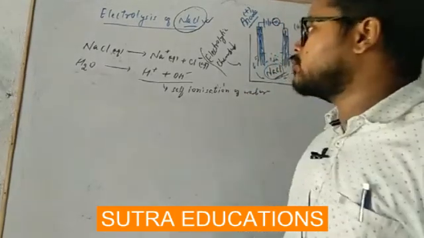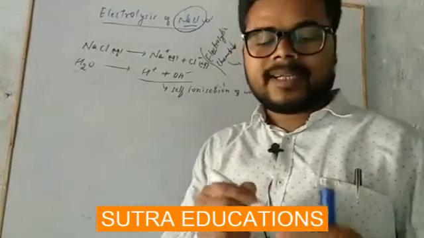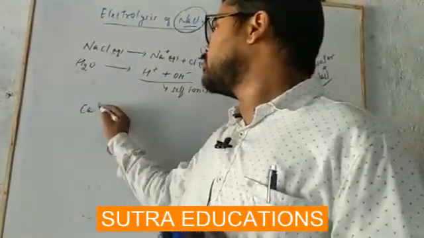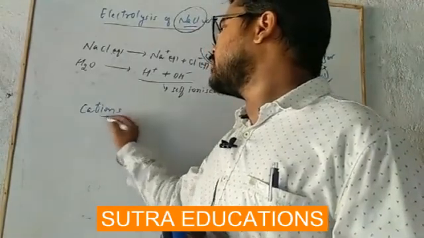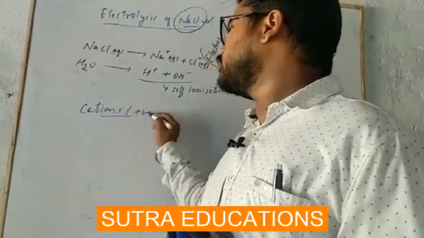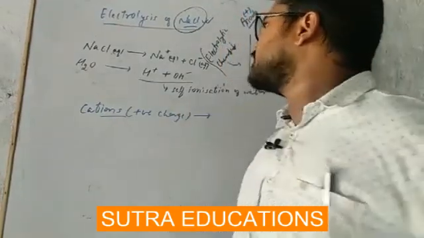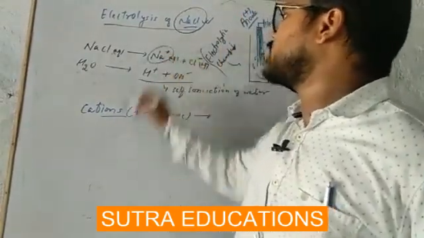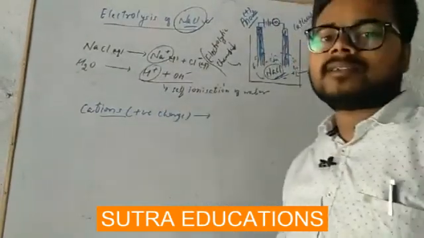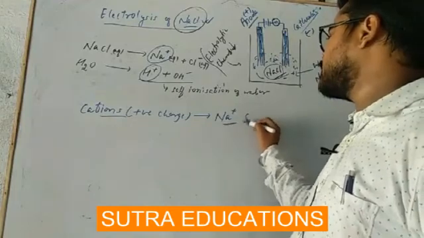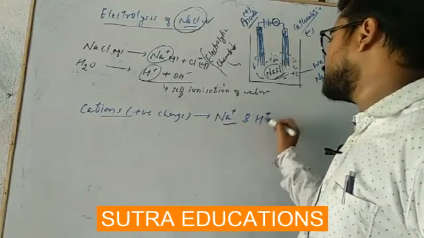So we have cations and anions. What are cations? Cations, I have told you, have positive charge. So cations here are Na plus and H plus.